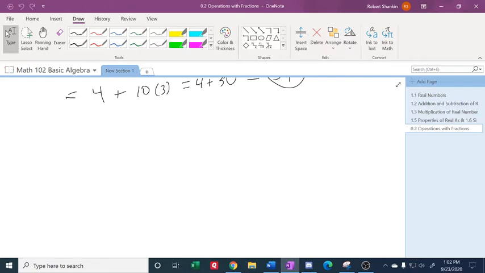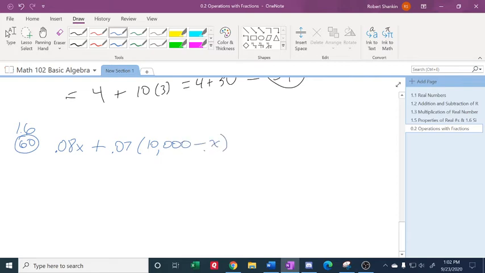Okay. Alright, so this is 1.6, number 60. The 0 in front of this, 0.08, is optional. So I'm going to leave it off. Okay, so we're going to have to distribute.